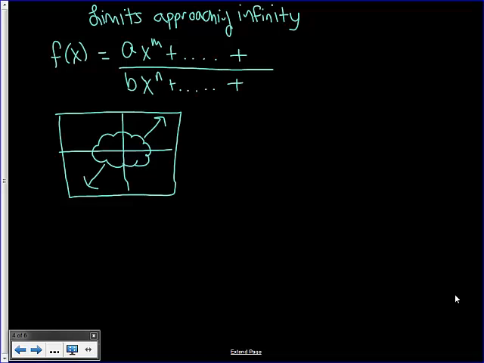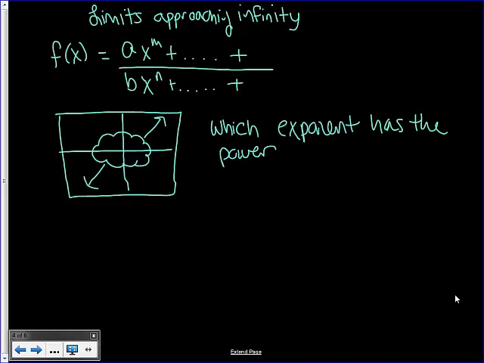We want to know which has the power, my numerator or my denominator, okay? So specifically we're looking at which exponent has the power. And keep in mind, we are only looking at the degree or highest exponent.